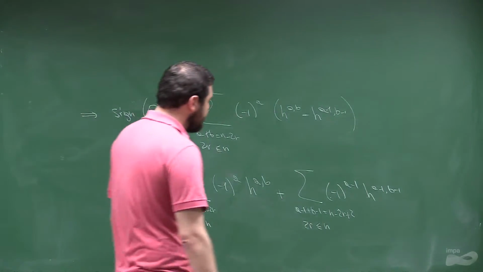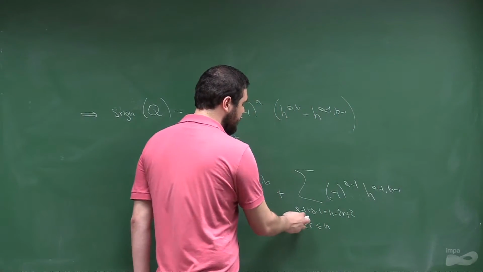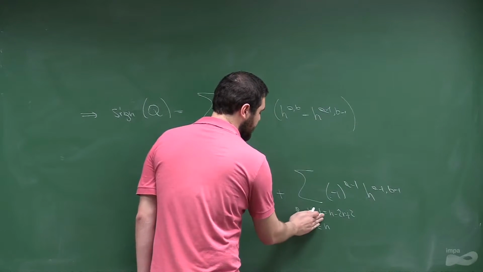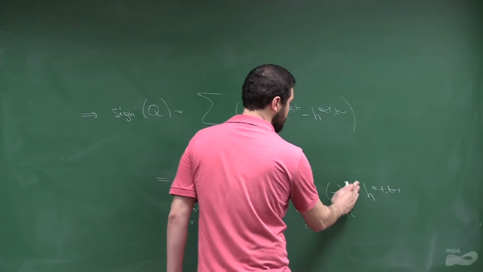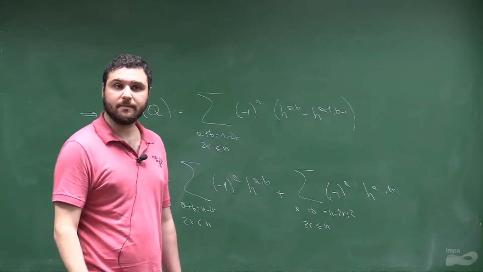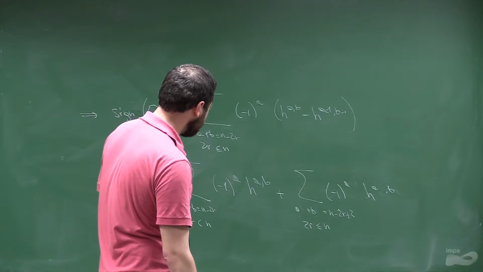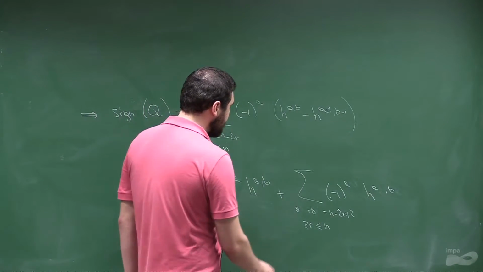Okay, and we can relabel this sum. So if we relabel this sum with a and b, we can write it like this. Right? And so what's the one that is missing?